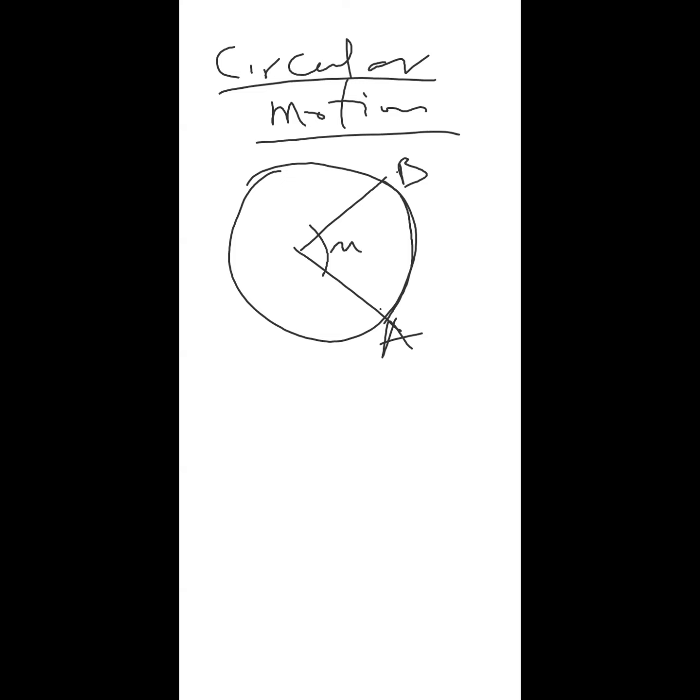It is called omega, or you can call it any distance you like, but the circle will have a radius. When a particular object is moving in a circular motion, we have what we call V is equal to omega R.